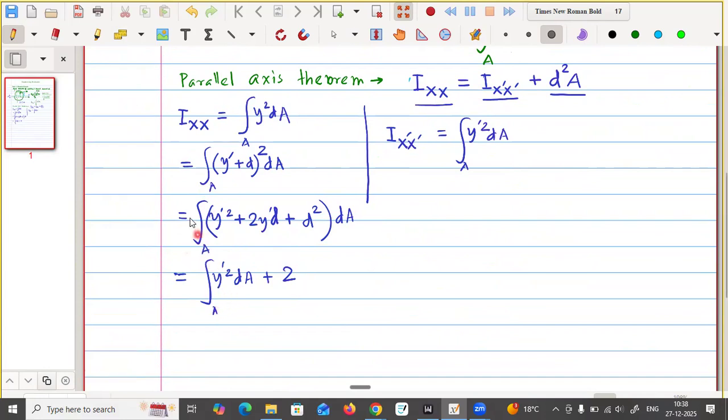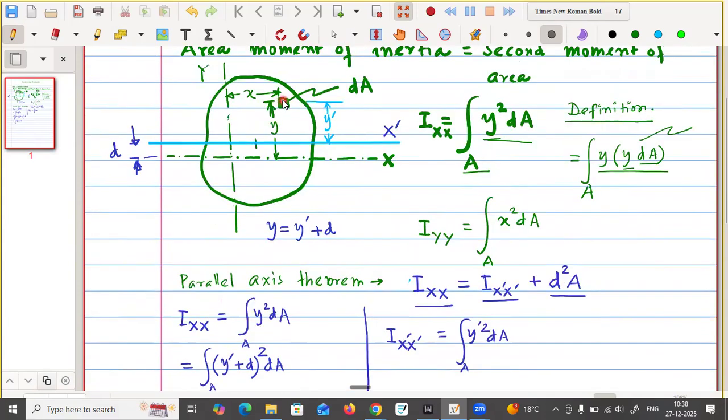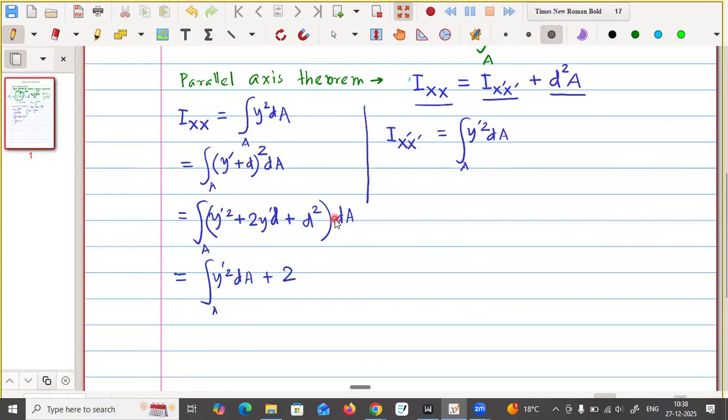That means during the integration, I change the area location, but I do not change this axis, and definitely this axis is also known, that is fixed to the centroid. So during integration, neither of these two changing. Clear? Therefore, this distance d is known and it can be taken out.